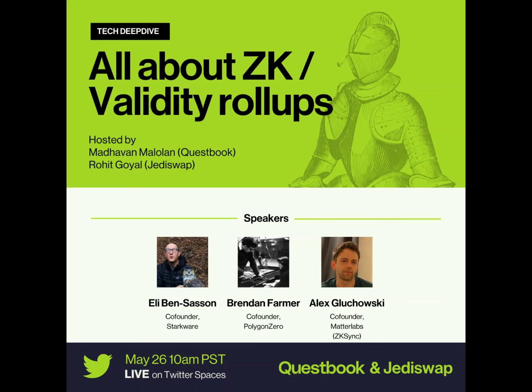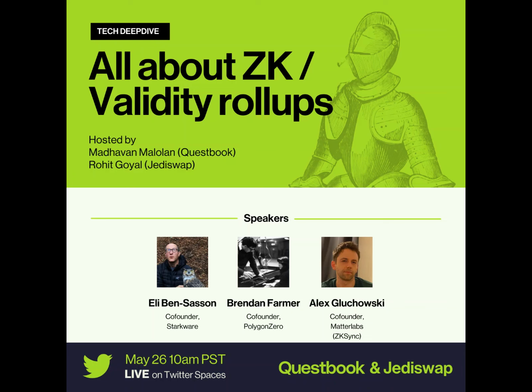So the only big difference today between STARKs and SNARKs, a really big one, is the footprint on Ethereum. When you verify a proof on Ethereum, STARKs are roughly 10 times more expensive, but they are transparent. They do not require any trust whatsoever from anyone.